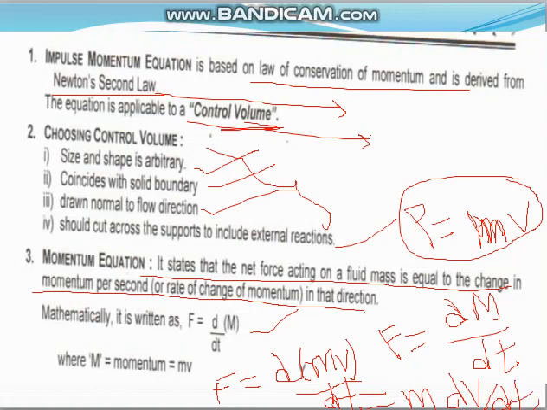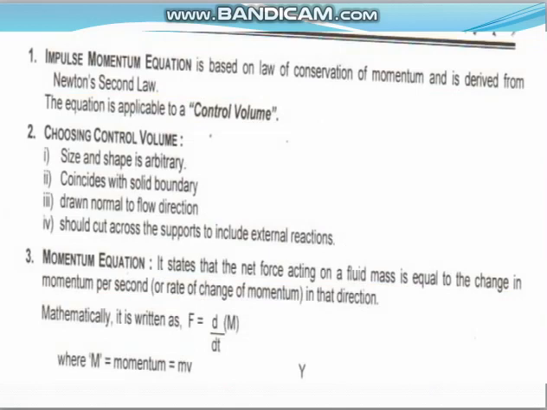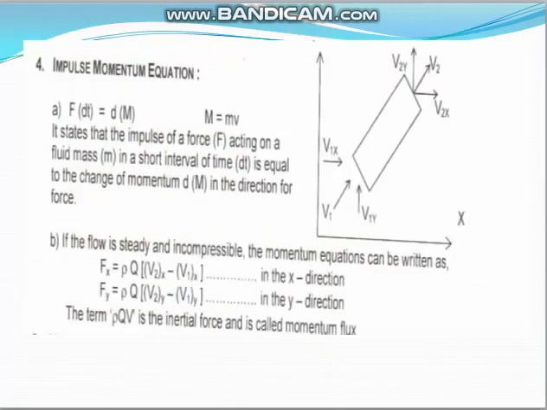So this is the impulse momentum equation: F is equal to m into dv by dt. I told you that momentum is nothing but the mass into velocity.